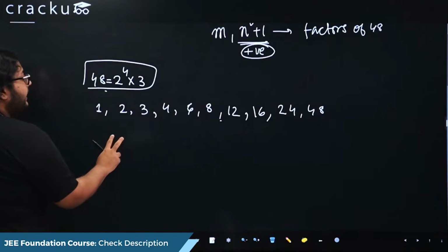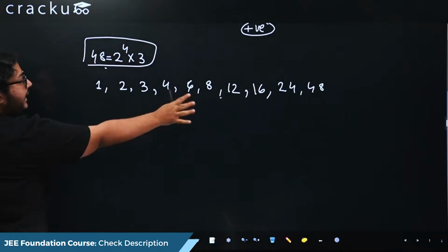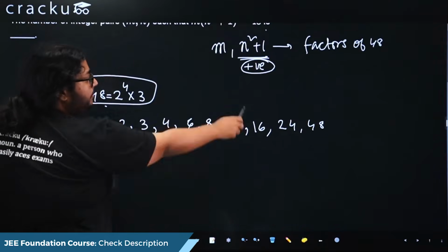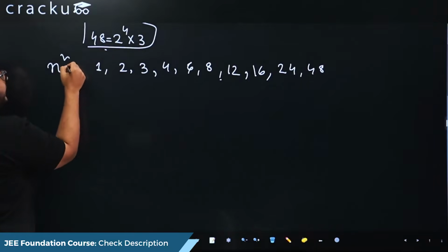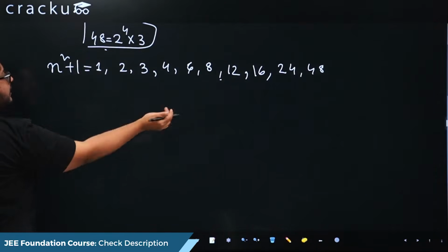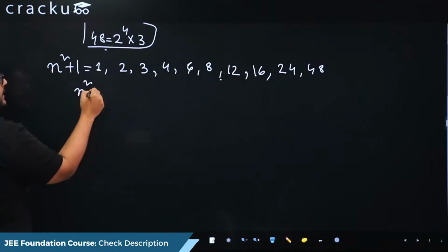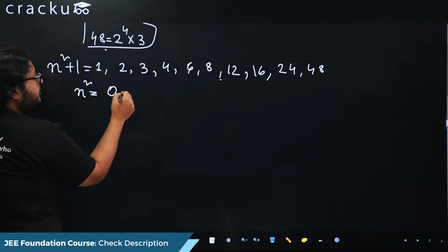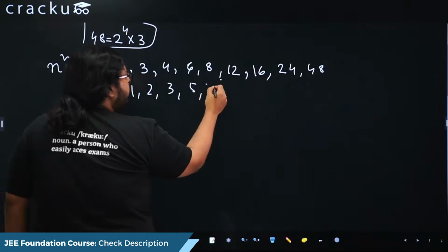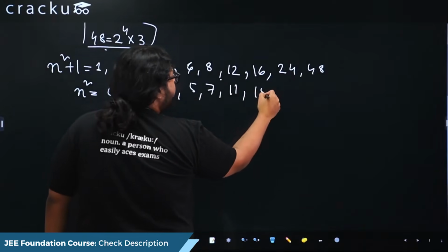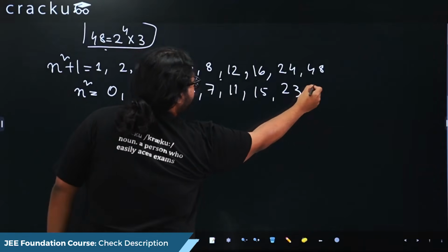So what I get is, these are the factors of 48. n square plus 1 has to be one of the factors. So I can write n square plus 1 is equal to one of these. This means n square is equal to 1 minus 1, 0, 1, 2, 3, 5, 7, 11, 15, 23, 47.